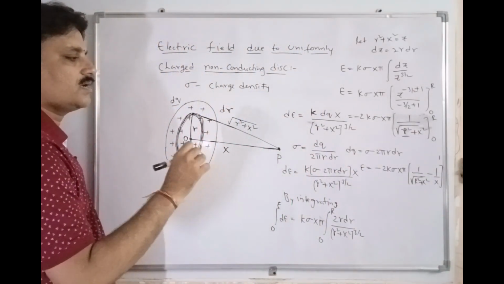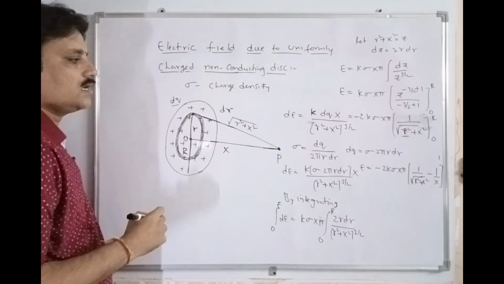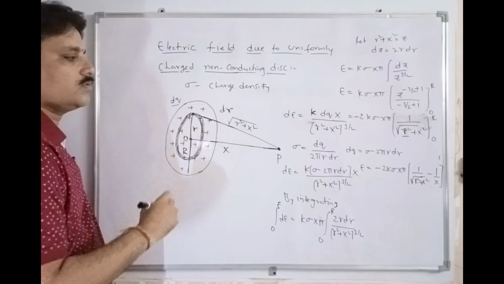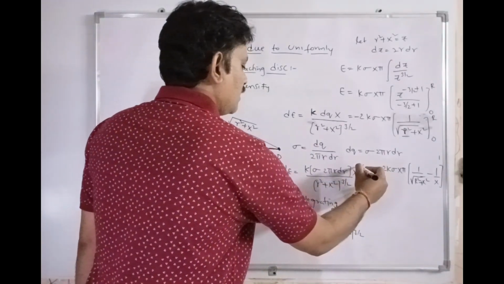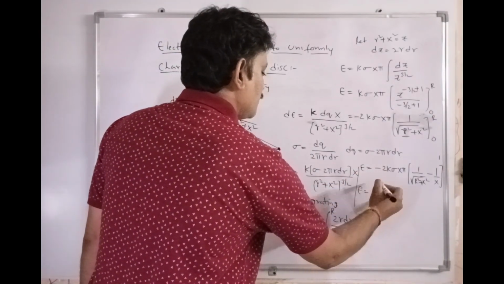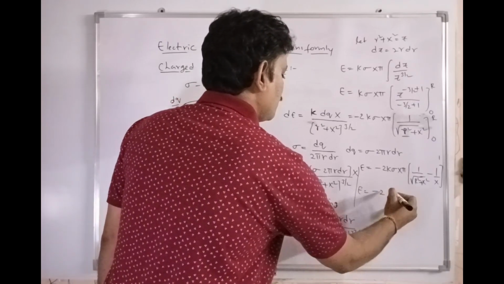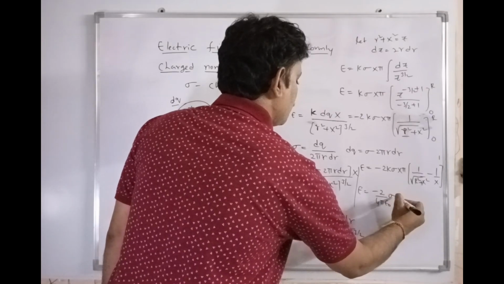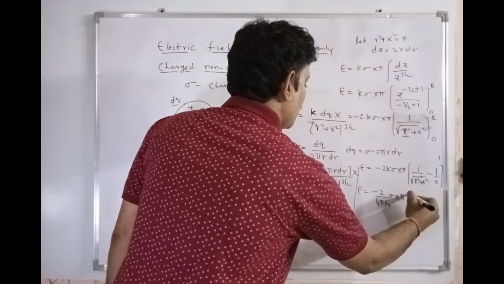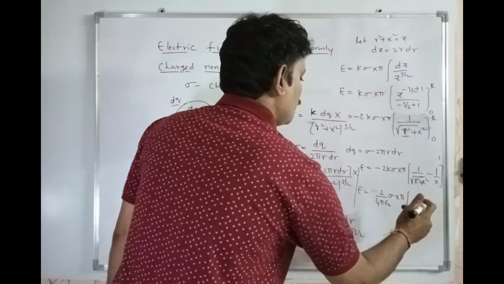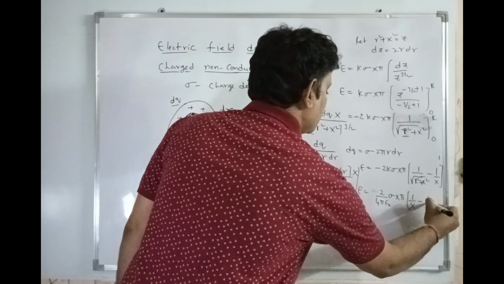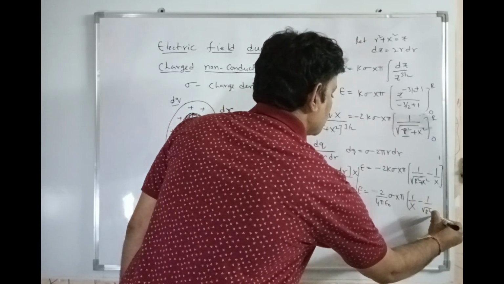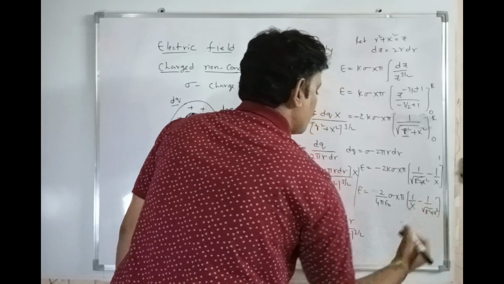So E is equal to minus 2k sigma into x into pi into that value, and k is nothing but 1 by 4 pi epsilon naught. If you remove the negative, then 1 by x minus 1 by root r square plus x square.